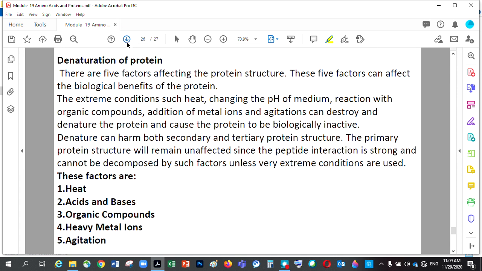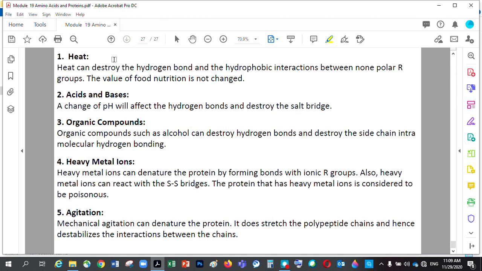So, here is the heat. The heat can destroy the hydrogen bonds and the hydrophobic interaction between nonpolar groups, and it can even destroy the disulfide bond. Acids and bases, yes, can affect the hydrogen bonds and can destroy the salt bridge.